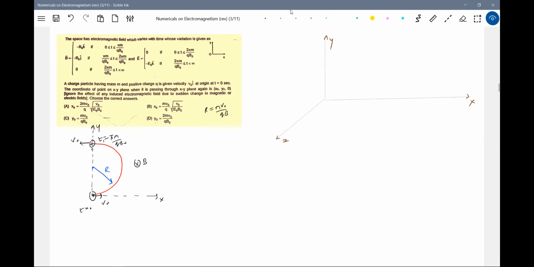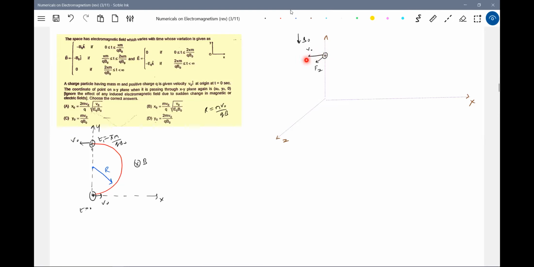Okay, the B bar is in this direction, with B bar and the velocity, the force will act along the positive z-axis. So I think this diagram may help us. Fz, and the velocity is in this direction. B bar after this will be in this direction, B naught. Because of force and velocity, how will it deviate?